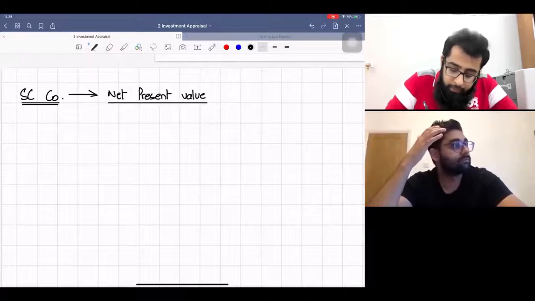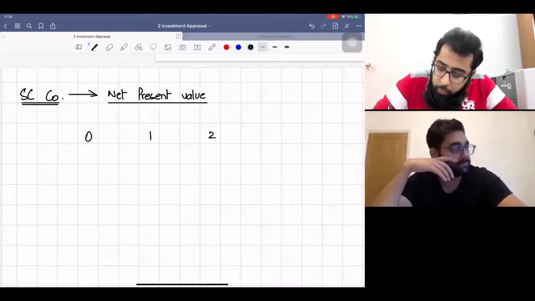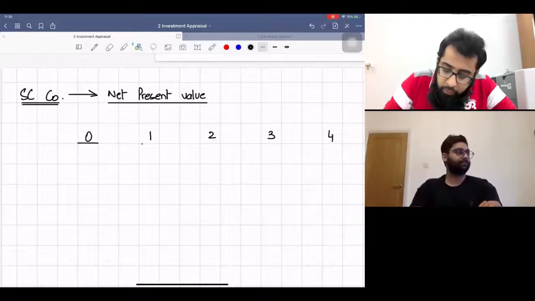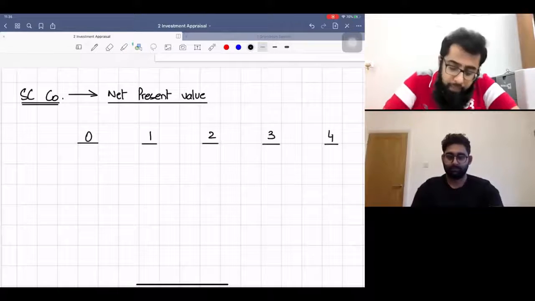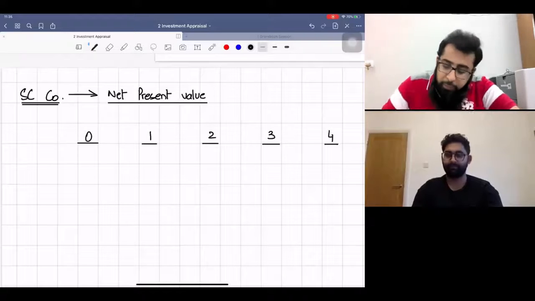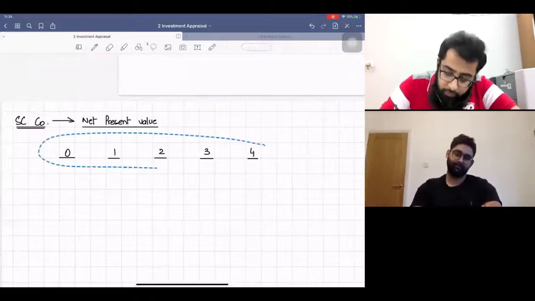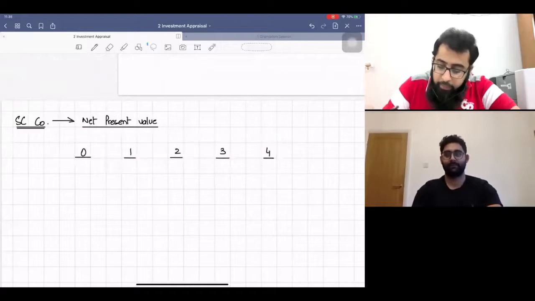A 4-year analysis: year 0, year 1, year 2, year 3, and year 4. This time there is no arrears. First of all, I will consider the operational cash flows, the cash flows on which the tax implications will arise.